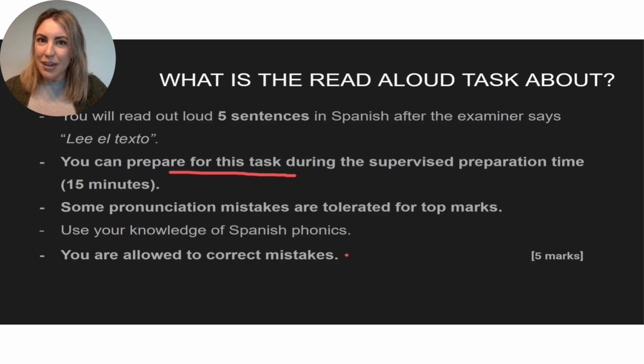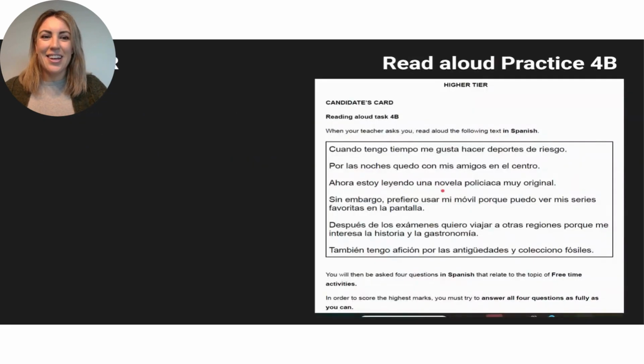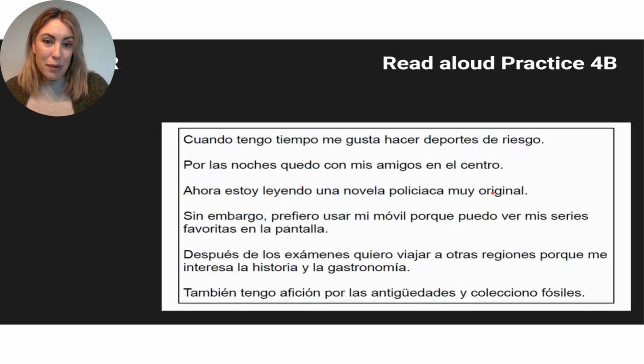¿Preparados para práctica? Vamos. So this is what it looks like when you get your read aloud activity for your exam, and you're not allowed to write anything on the sheet. But anyway, you still prepare, read through it a couple of times, and look for traps. So now you have two options.